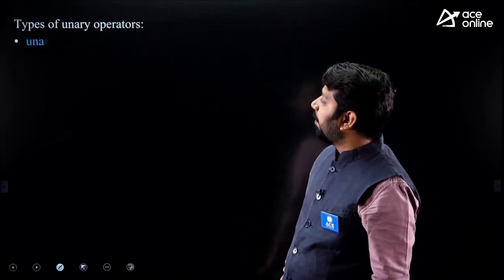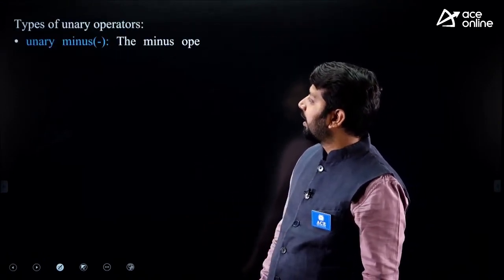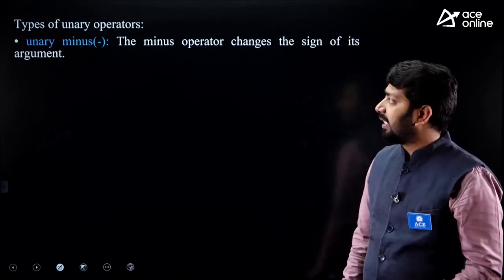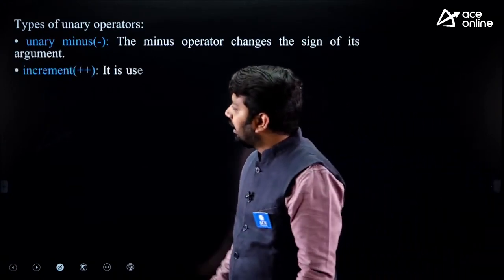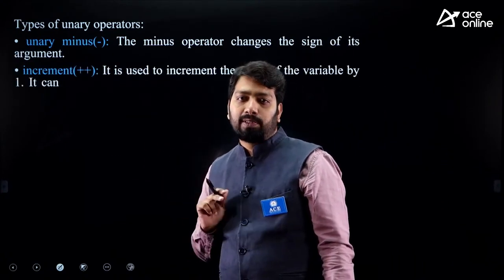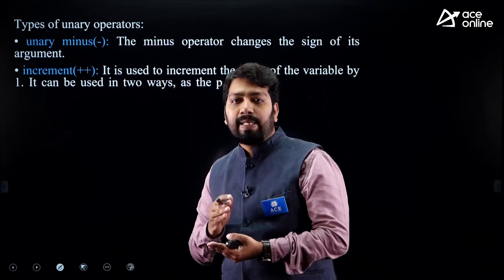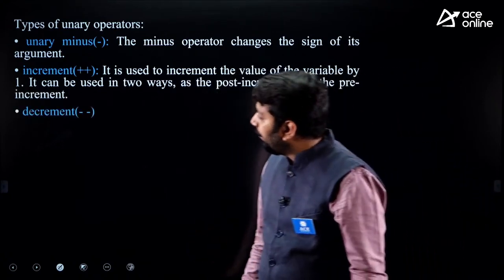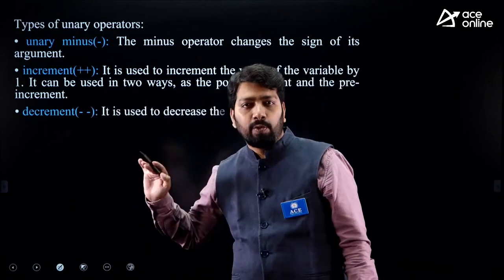Let's see types of unary operators. First is unary minus. What does unary minus do? It will just change the sign. If we use increment plus plus, either pre or post, it will increment the variable by value 1. Same way there is decrement, pre and post.